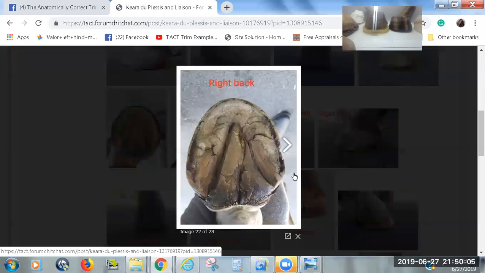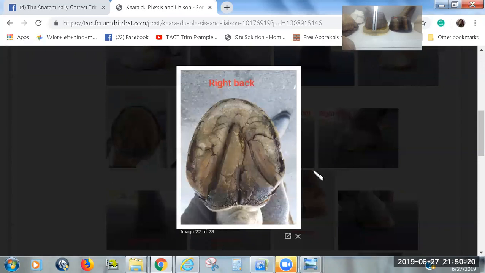I don't know how you could do this without a grinder. I use a flat disc sanding grinder just to touch up. But this horse, some of what he needs is he just needs his feet left alone for a little while.